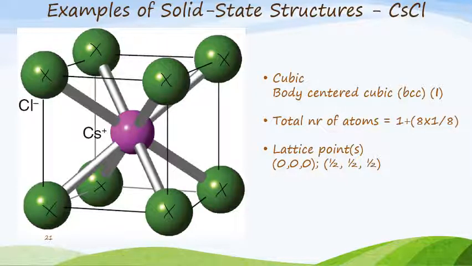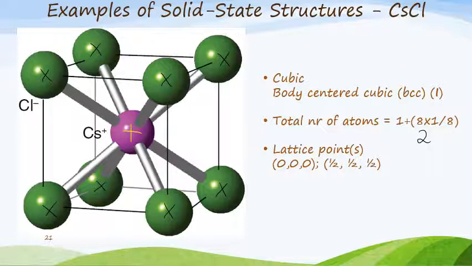Remember that these guys sit on the corners, so they contribute exactly 1/8 to the unit cell. And then the cesium ion is the one that sits in the middle. Okay, so here is the cesium ion that sits right in the center. That's one whole atom sitting inside the unit cell. So therefore the total number of atoms in the unit cell is 2.